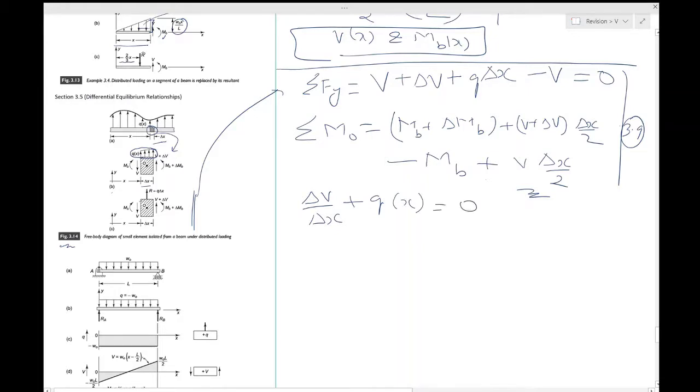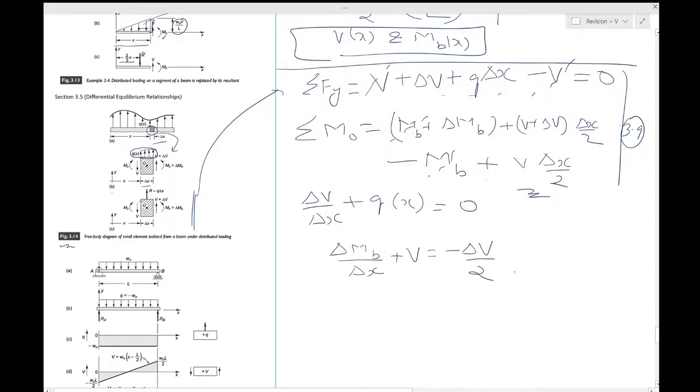So basically this and this get cancelled, and you divide both sides by delta x, because delta x is not equal to 0, and you would get this. Similarly, this gets cancelled with this, and V delta x can be taken twice. So you should get delta MB by delta x plus V equal to minus delta V by 2.